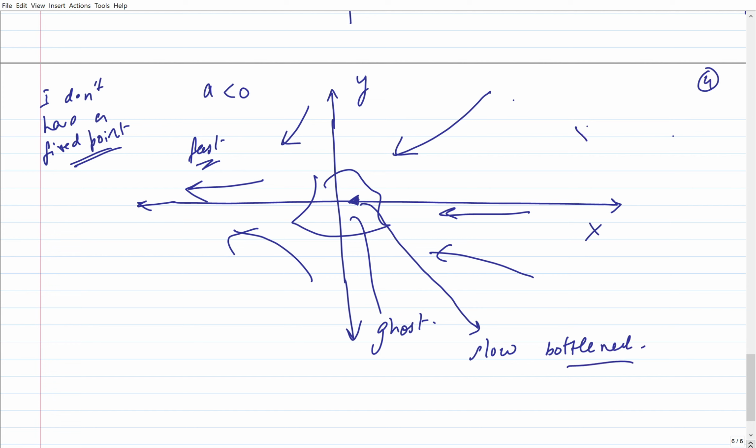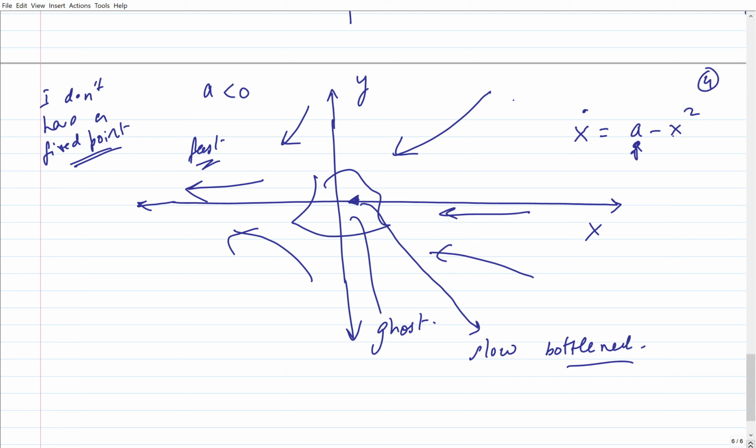And why is that so? Well, that's because I had this, and certainly a was less than 0. I'm slowly reducing a. So for a equals 0, this was still a fixed point.